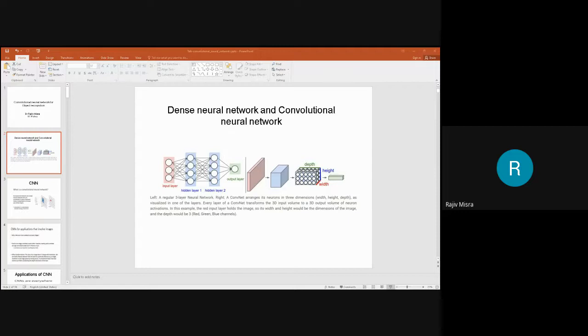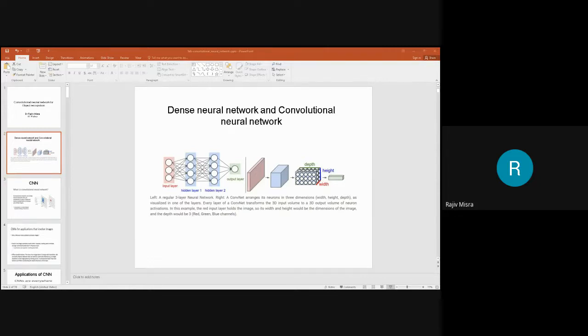These are a few of the applications of CNN. CNN becomes a core part because it deals with images and objects, so it becomes the core task of computer vision.